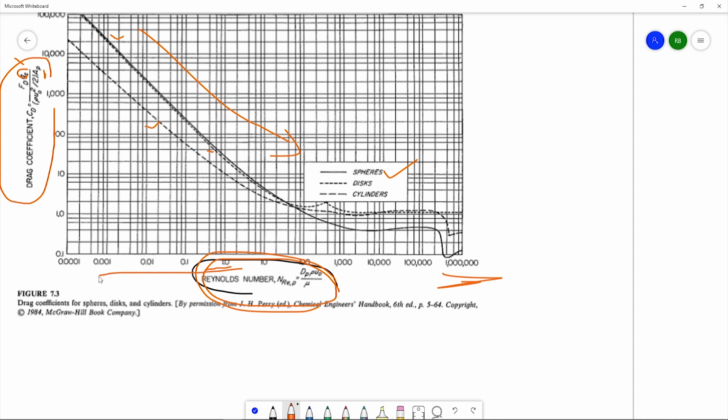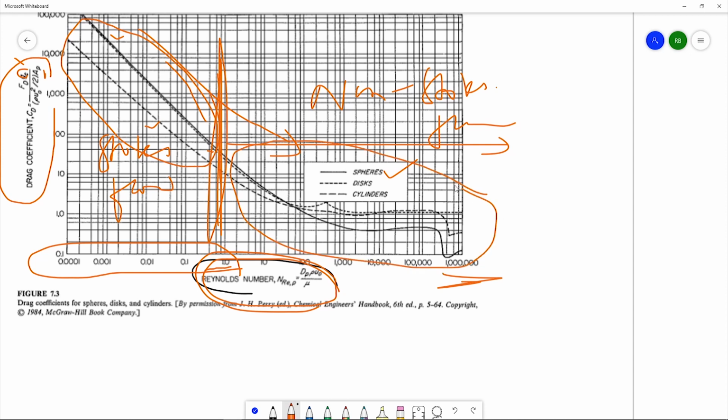So from 1 up to this point, it is Stokes flow, and above this, it is non-Stokes flow. The drag force Fd given by Stokes law is applicable in this region, and here it is not applicable.